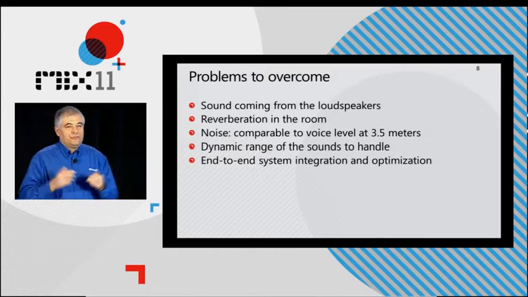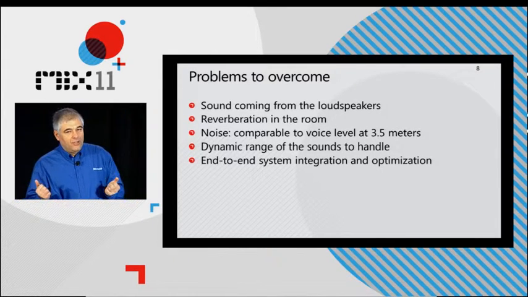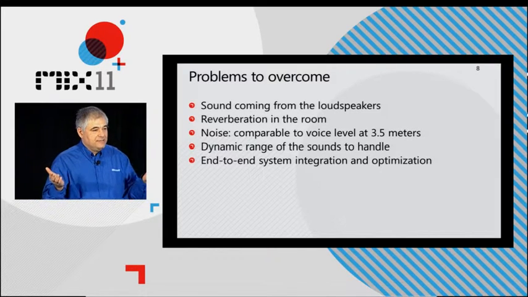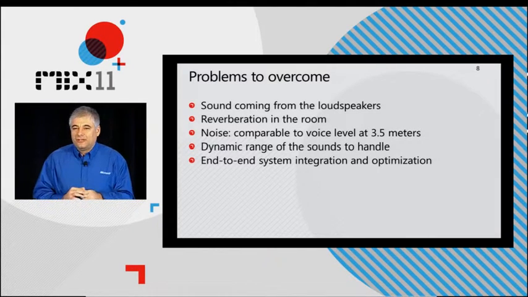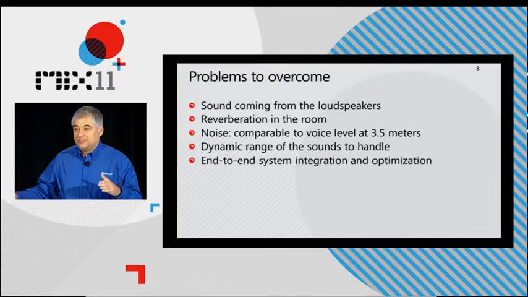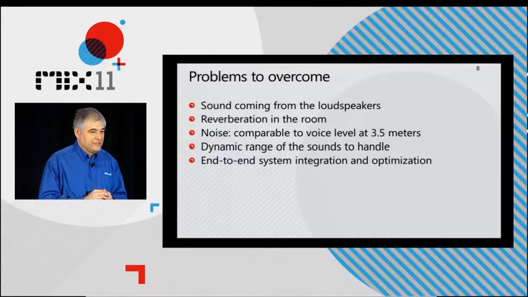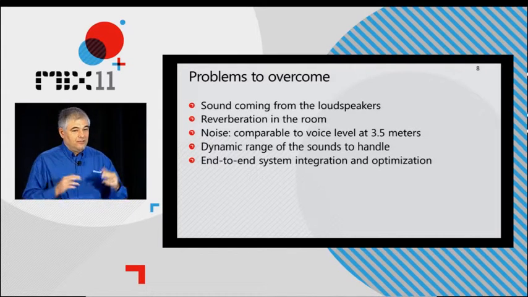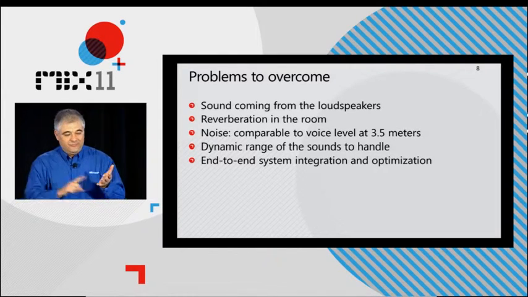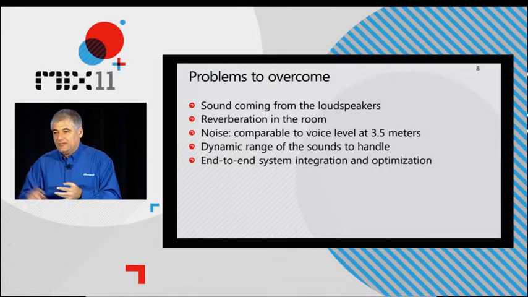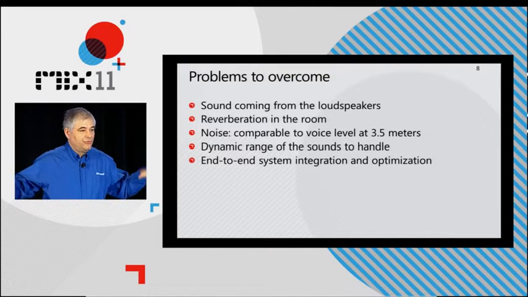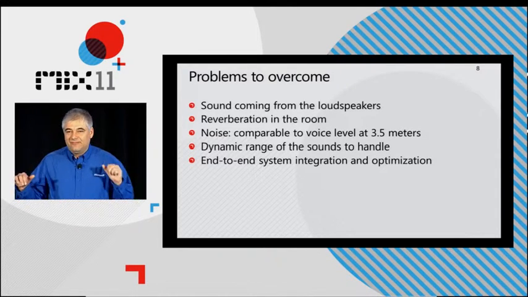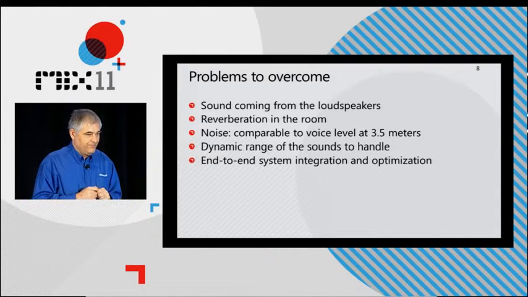And of course, there is the noise in the room, which is comparable in level to a human talking from 4 meters, pretty much the distance at which we want to capture the human voice. This means that the noise which comes from the TV, the Xbox, the air conditioning, some additional noises from the street, at a very, very low level, is the same as the level of a human voice from 4 meters.